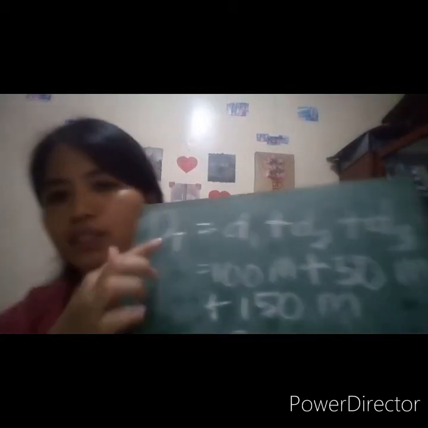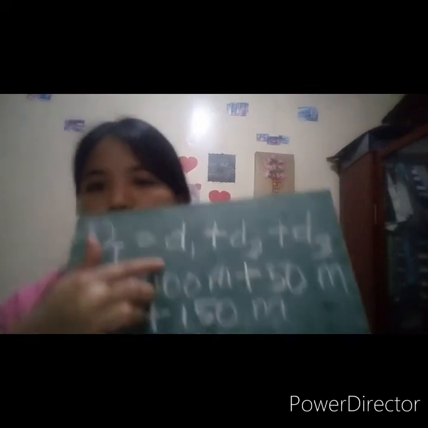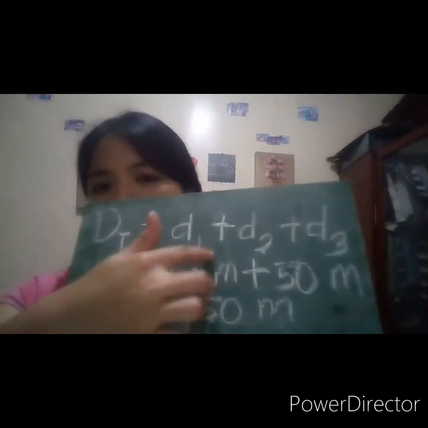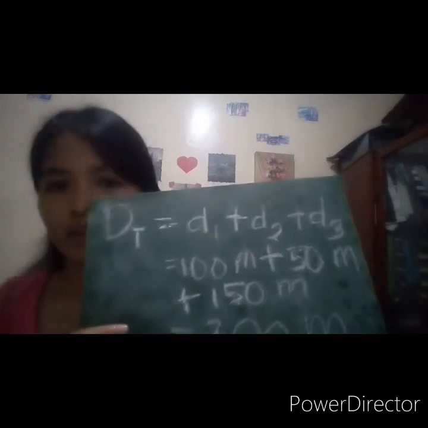What is the total distance of the turtle? Now, take note that for distance 1 we have 100 meters, distance 2 is 50 meters, then distance 3 is 150 meters. Now, using the formula, total distance is equal to distance 1 plus distance 2 plus distance 3.